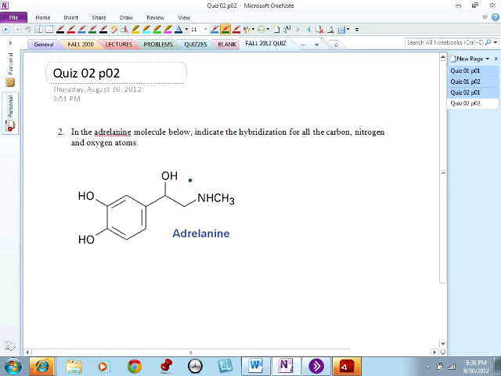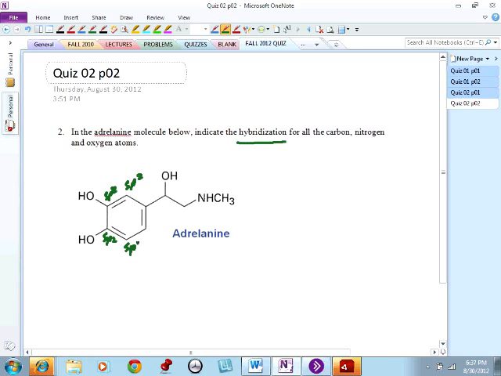Now we want to do the hybridization. Let's start with the carbon atoms. What is the hybridization of this carbon here? sp2. Here, this carbon, sp2.